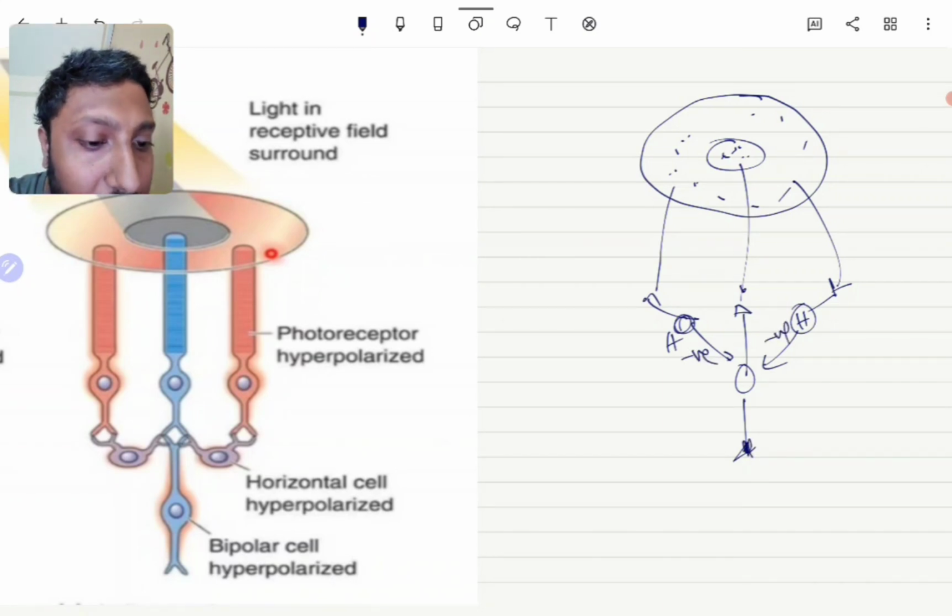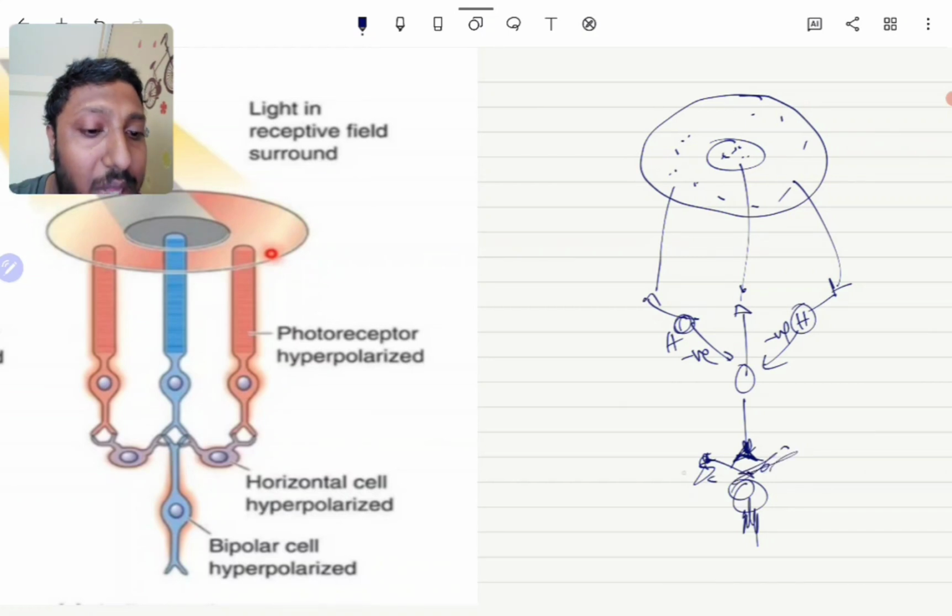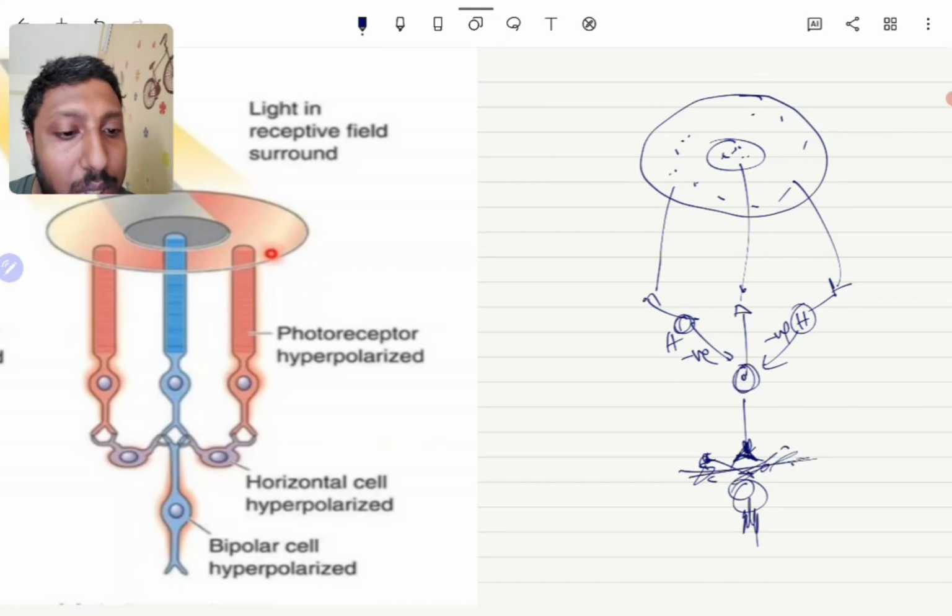This comes here, and there is a ganglion cell, and there are a lot of amacrine cells here. They might be there, might not be there. We are not concerned about that. We are just concerned about the firing up to the bipolar cell. So now what will happen here?